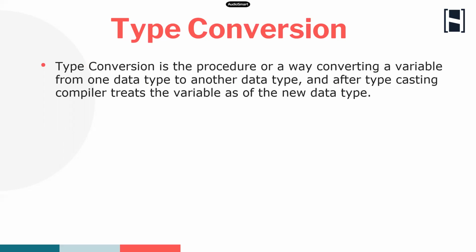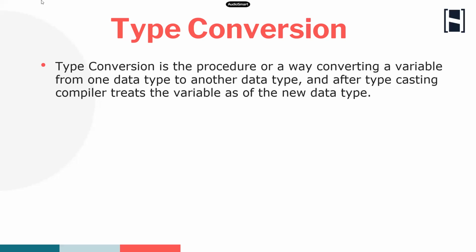But I want to convert that variable into an integer value. So, to convert between data types, we follow some procedures. This conversion is what we call type conversion, or alternatively, typecasting.